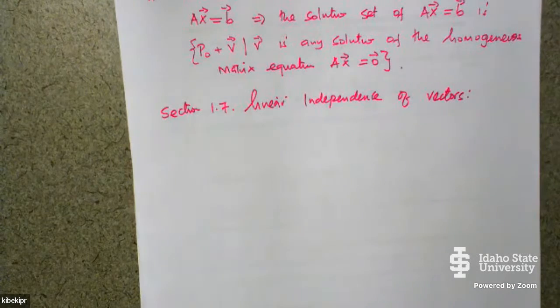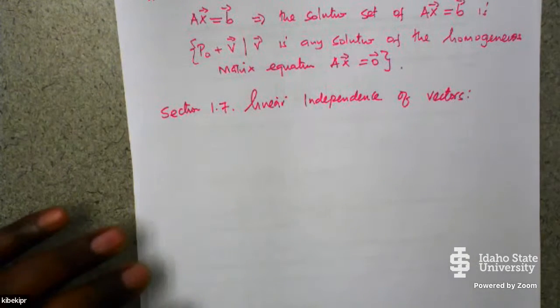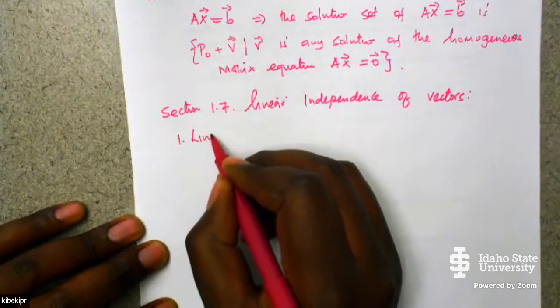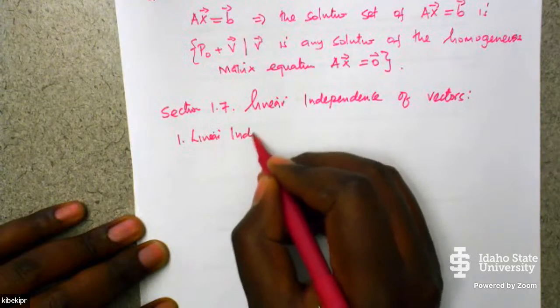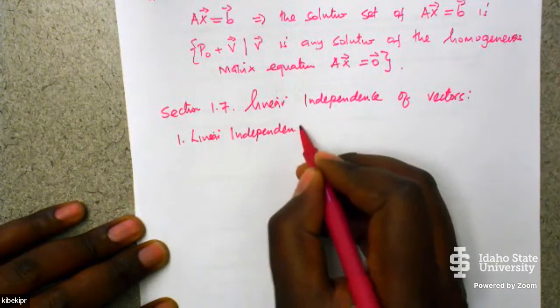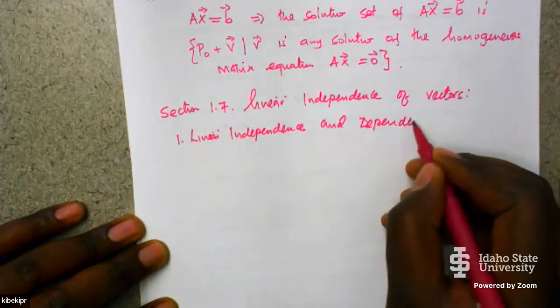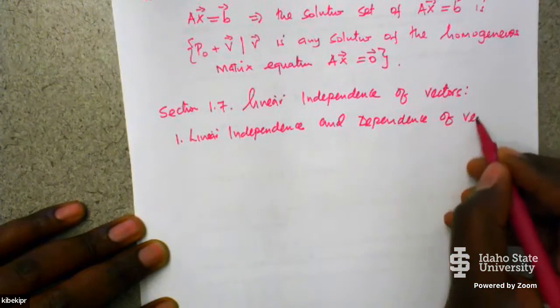This is actually the application of the homogeneous linear system. So in this section, we are going to look at the linear independence and dependence of vectors.